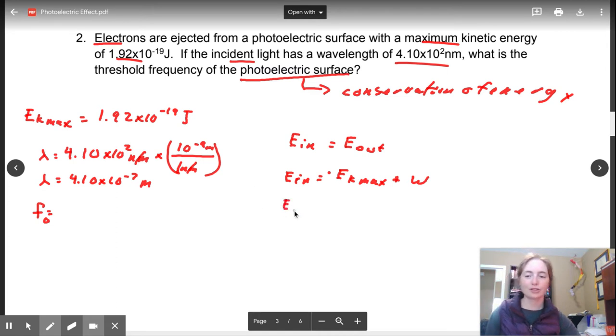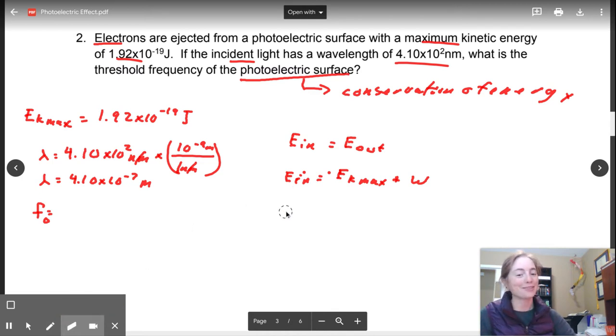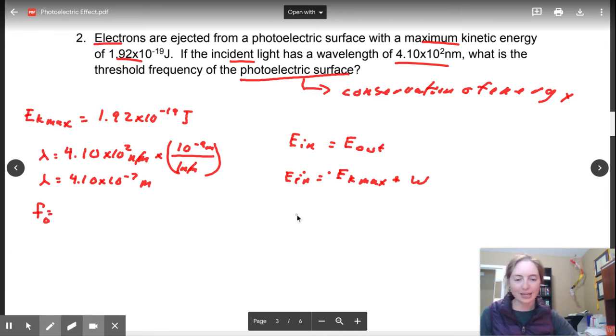So, ladies and gentlemen, we've been given a value of EK max, and we have an equation for this guy. Now, remember, we do have an equation for this guy as well. Okay, that's our equation that we looked at last day in our last video. So I'm going to take the energy of this photon from my last equation, which is hc over lambda. So the energy of that photon is going to equal hc divided by lambda.